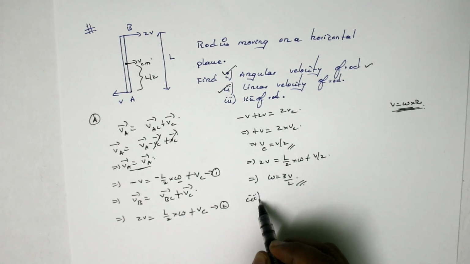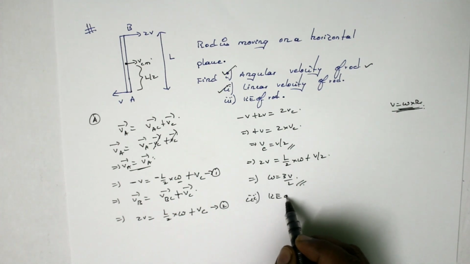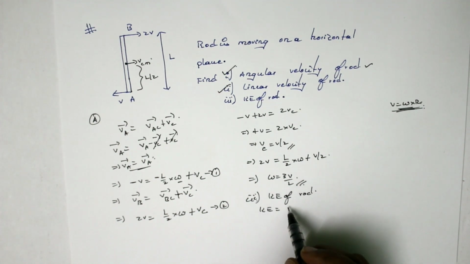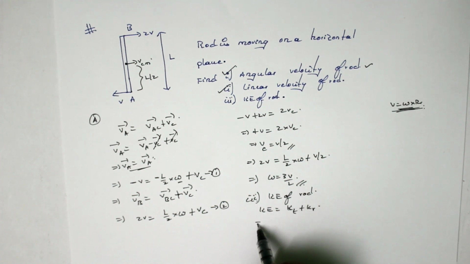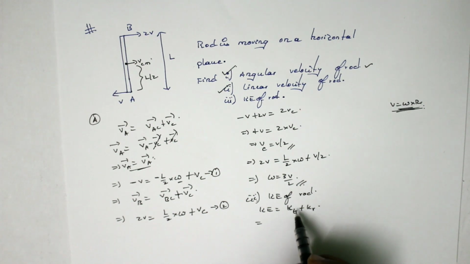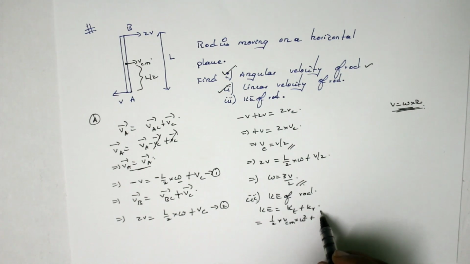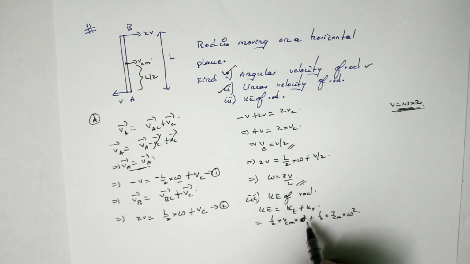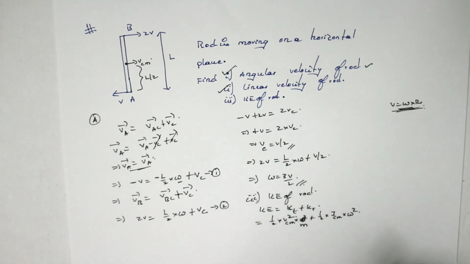Now let us see how we can solve for the kinetic energy of the rod. Total kinetic energy, as we have already discussed, is the sum of translational kinetic energy plus rotational kinetic energy. The translational kinetic energy is half m V center of mass square, plus rotational kinetic energy, which is half I center of mass into omega square.